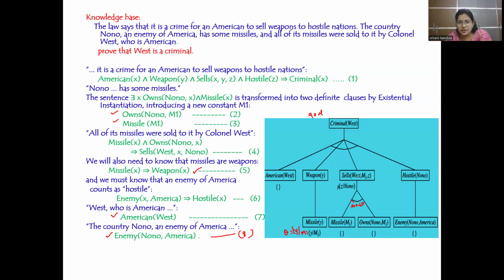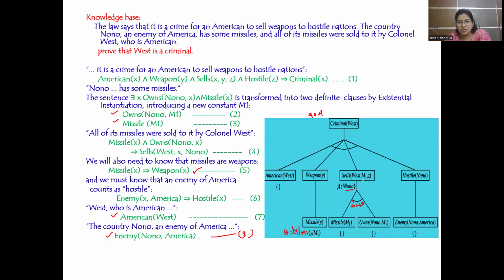And here you can see the substitution. Z is replaced. Here I have Nono. So here Nono is replaced with Z. Here we have already replaced Y with M1.